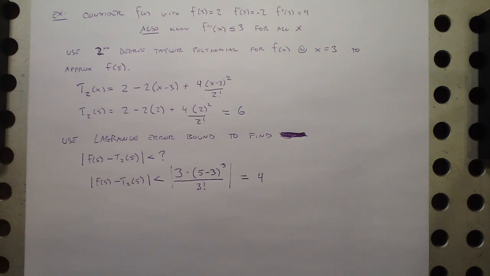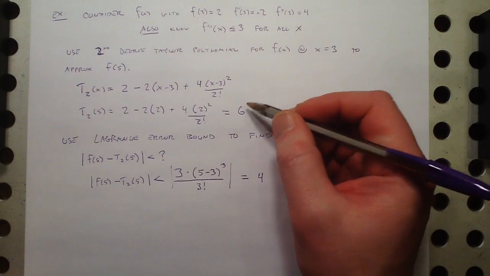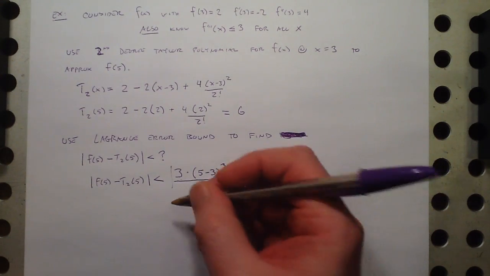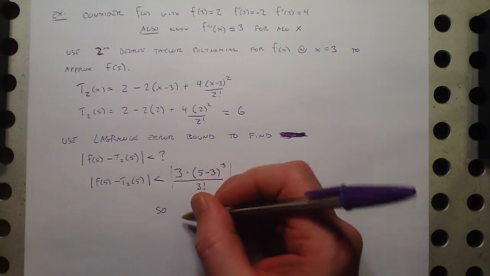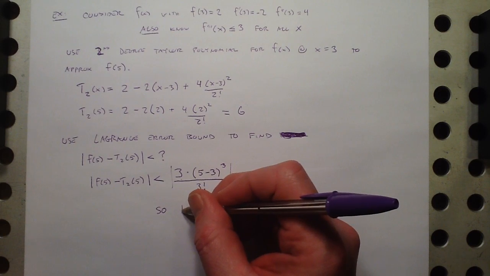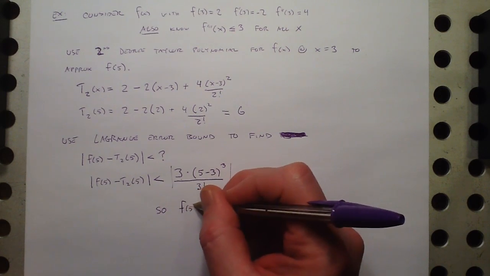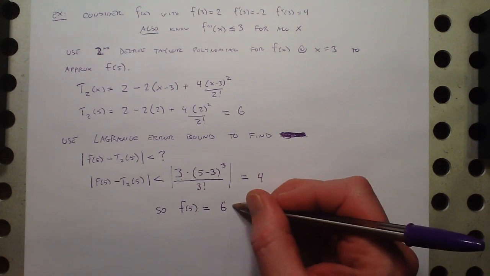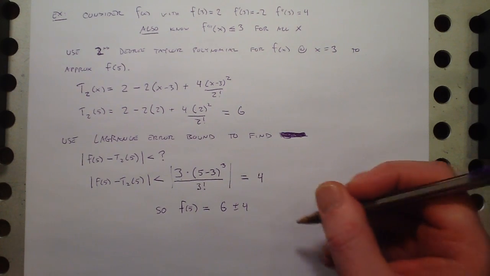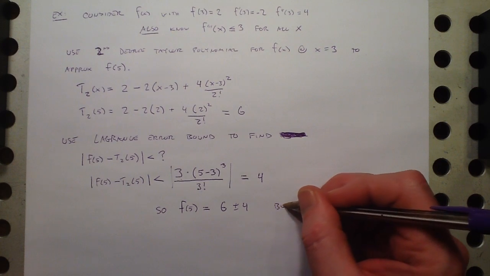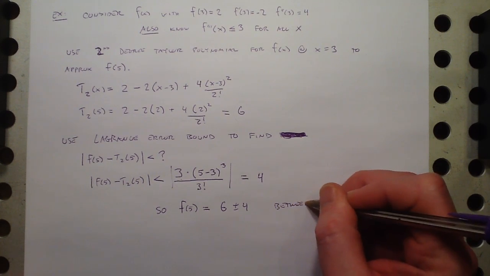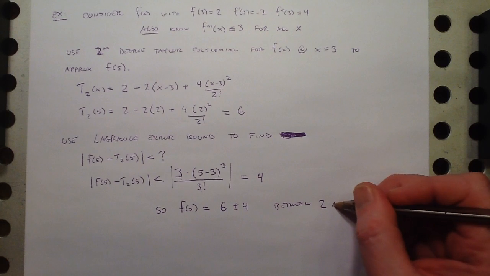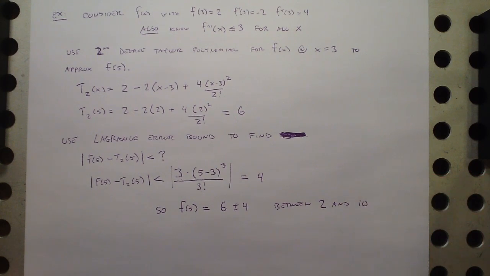Well, that's a pretty lousy approximation, considering that our approximation was 6. So that means that the real value of f of 5 is equal to our approximation plus or minus the error. So in other words, it's between 2 and 10.